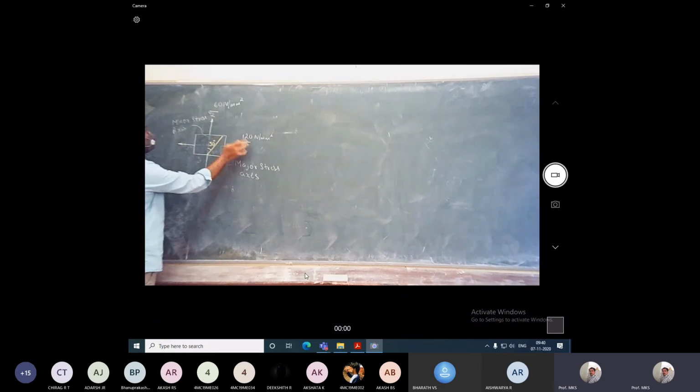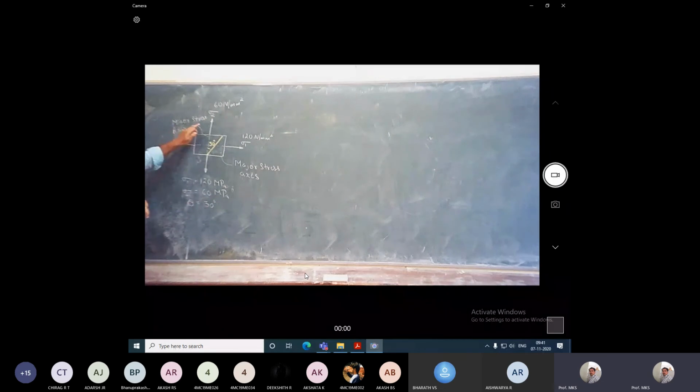Okay. So here they are given sigma 1, which is 120 Newton per mm square or megapascal, sigma 2, which is 60 Newton per mm square or megapascal, both are the same, and theta is given. Since it is 30 degrees and inclined to the vertical, that is the minor stress axis or major plane, it is directly the given angle.